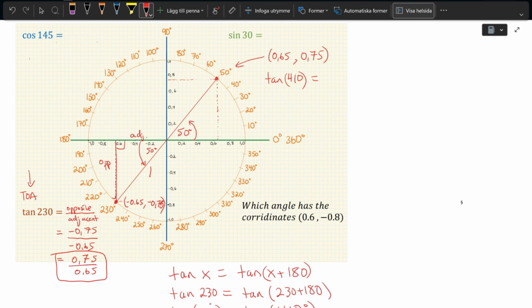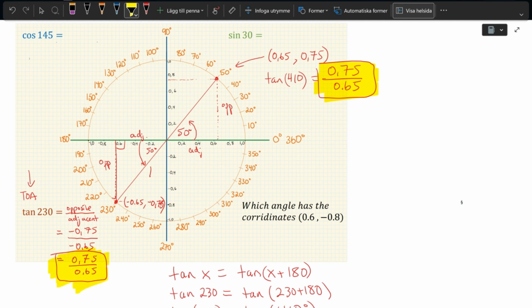And that's going to be equal to the opposite, which will be our y coordinate first. So this will be our opposite. And our adjacent will be the x-axis this time. The adjacent will be 0.65. And there's no simplifying here because we have two positive numbers, whereas before we had two negative numbers.